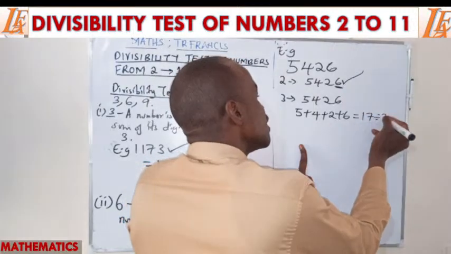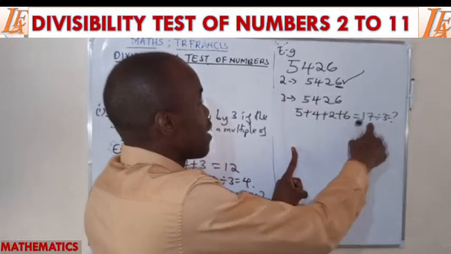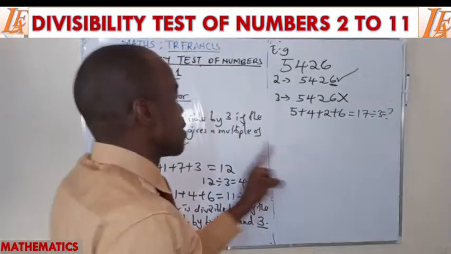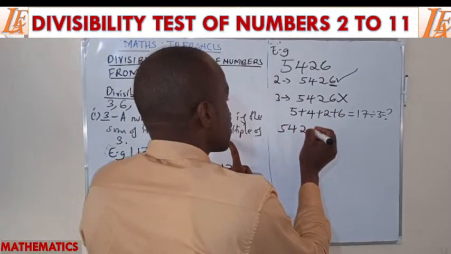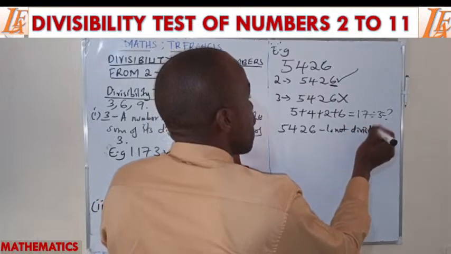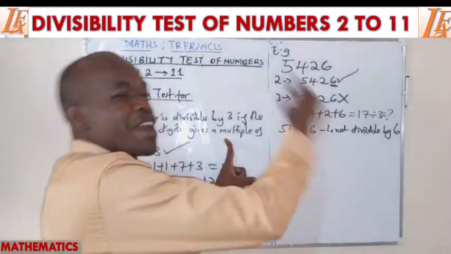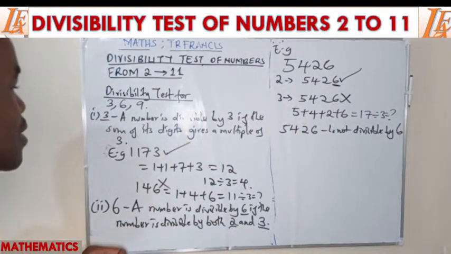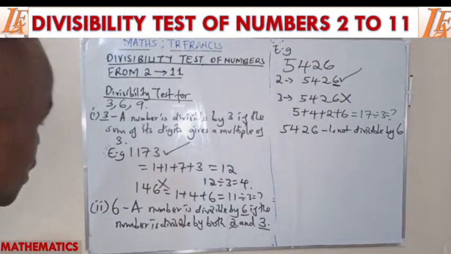And 17 is not a multiple of 3 because there will be a remainder. Therefore, this is not divisible by 3. Therefore, 5,426 is not divisible by 6 since it is not divisible by 3. I believe this is very clear. That is the test for 6.